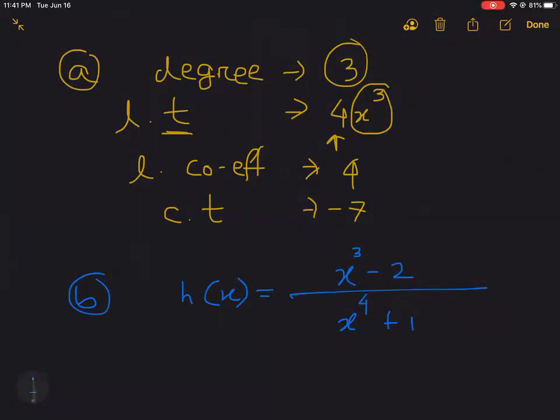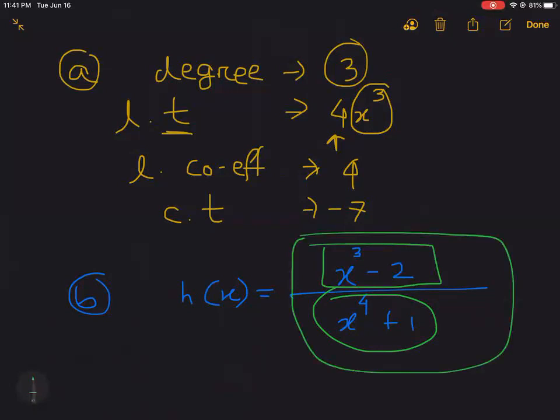Look at the numerator and denominator separately. This is definitely a polynomial, no doubt about that. This is a polynomial as well, but this is basically the ratio of those two. So this is not exactly a polynomial. We call this a fraction, if you remember, right? So this is not even a polynomial.